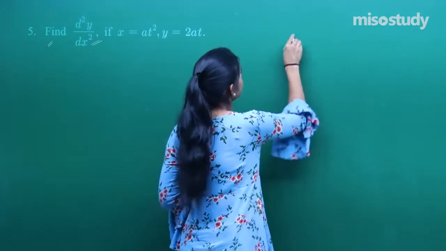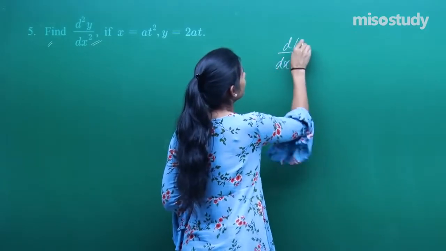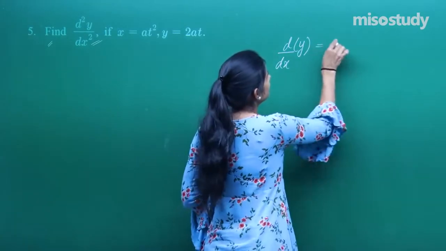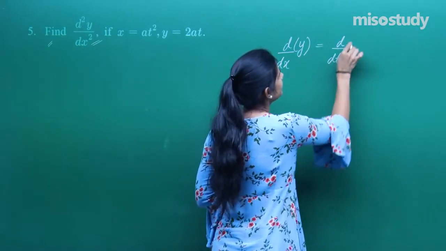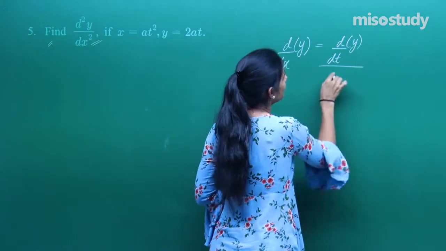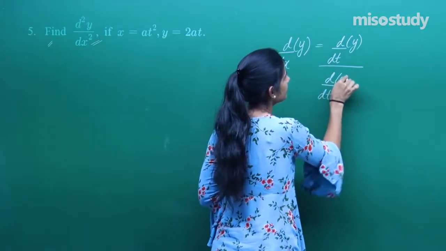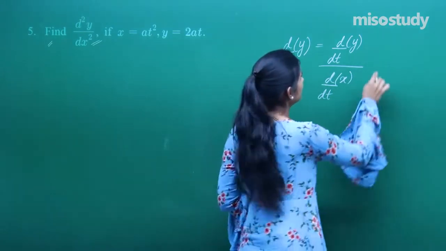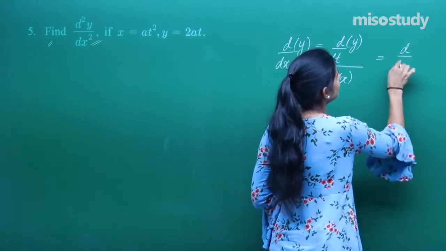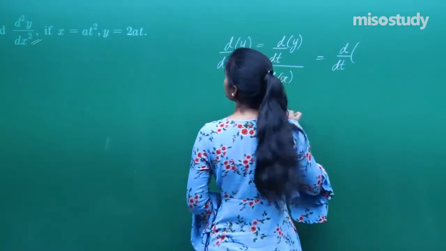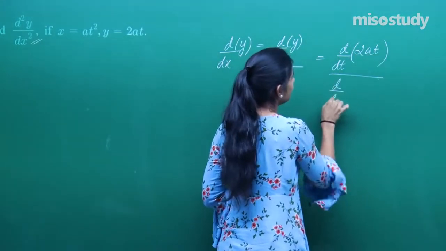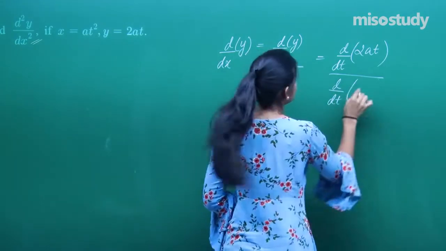So what is d by dx of y? That is dy by dx. It is d by dt of y upon d by dt of x. Same thing, the differentiation technique for functions in parametric form. d by dt of y is 2at upon d by dt of at square.